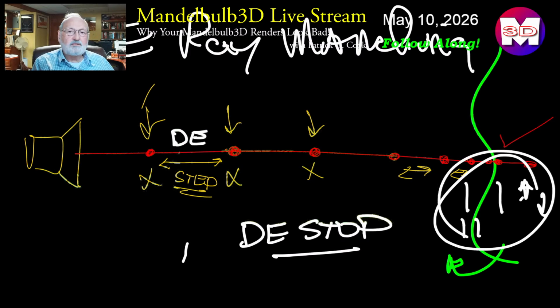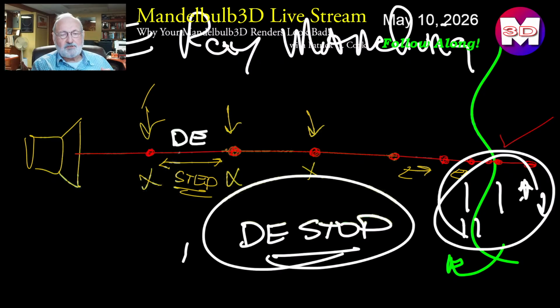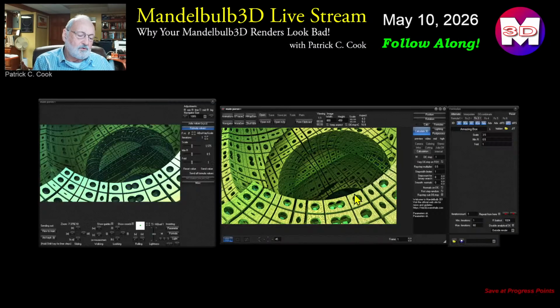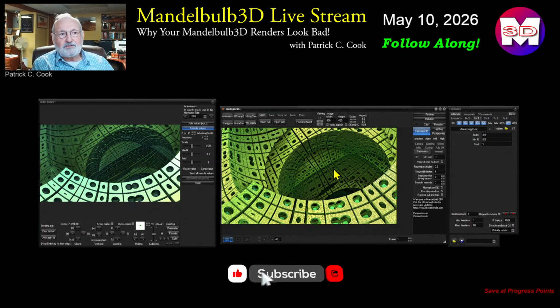And knowing when to set your DE stop accordingly is one of the skills of being able to work with the Mandelbulb application, so that you get a really good quality render, and you get a render in decent time, rather than having it just sit there and spend 20 minutes trying to make a pixel. That wouldn't work for anybody.